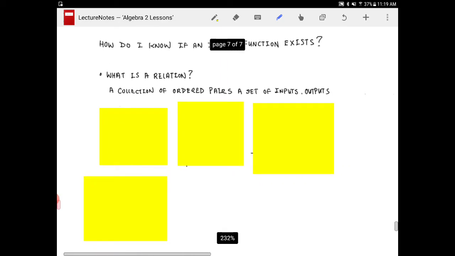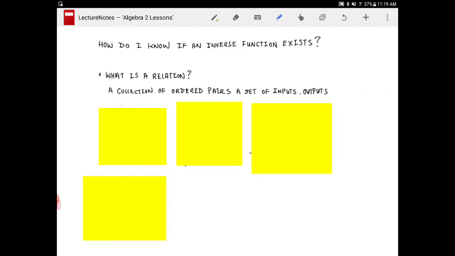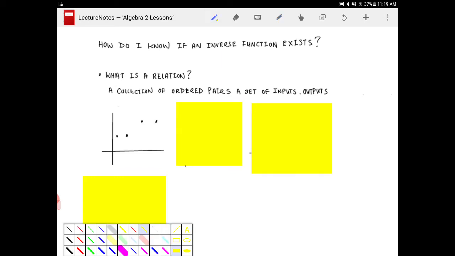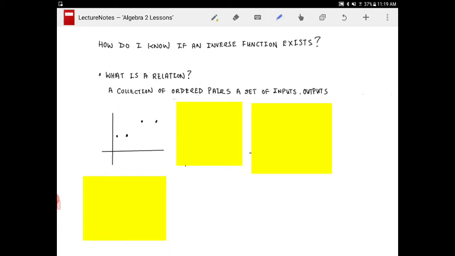An example of this when graphed may look something like this. If you have a certain number of calories taken per day, your weight is not going to fluctuate as much, but if you have a really large intake of calories, perhaps your weight will go up. Hence we have this kind of relationship. Of course, relations don't always have to look like this.